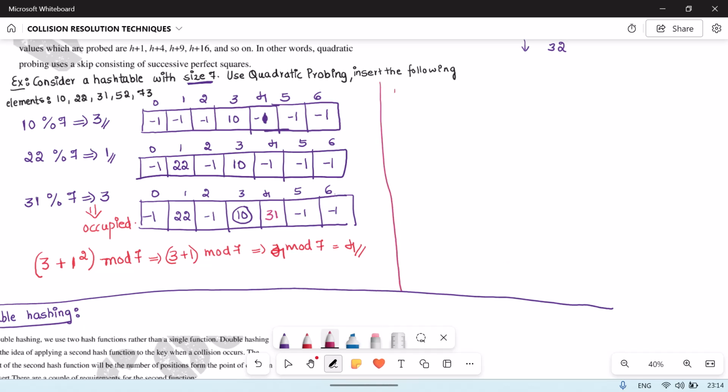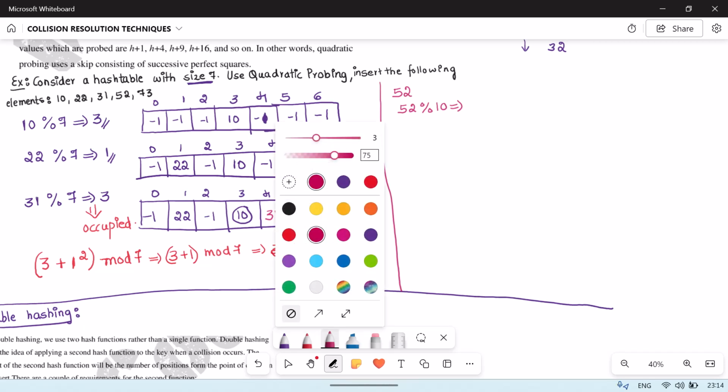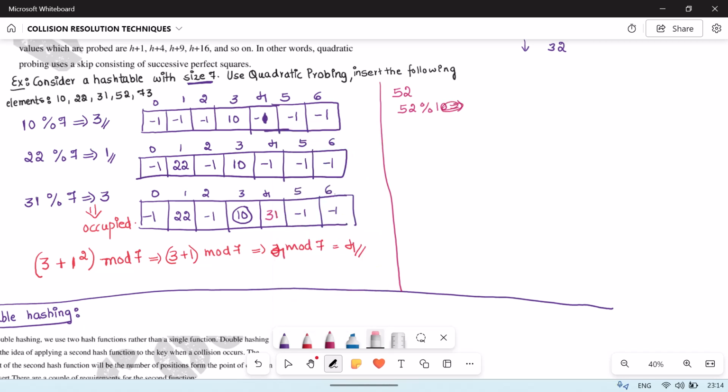After 31, you have 52. So it is 52 mod 7, sorry, not mod 10. 52 mod 7: the nearest value is 49, so 50, 51, 52. This is also becoming 3.